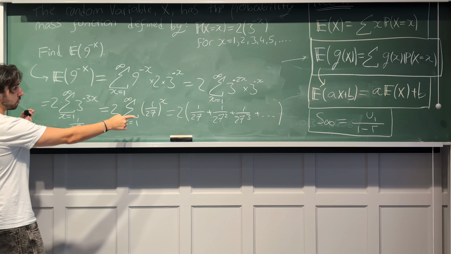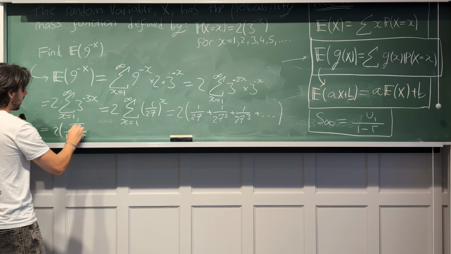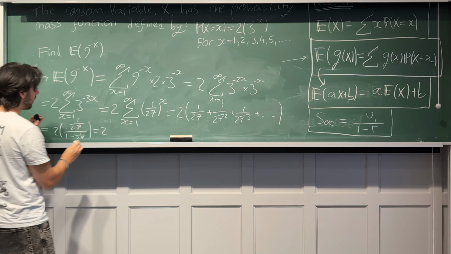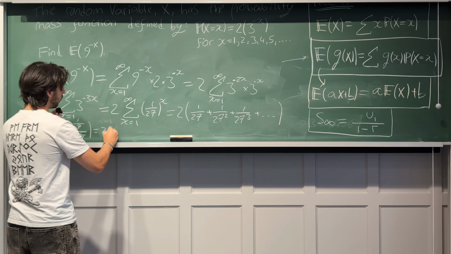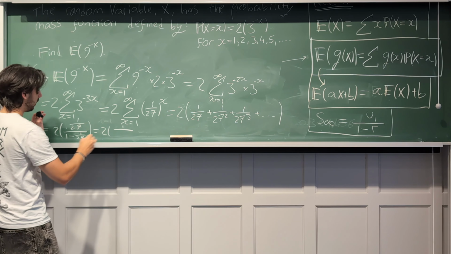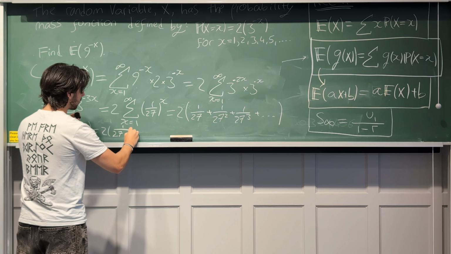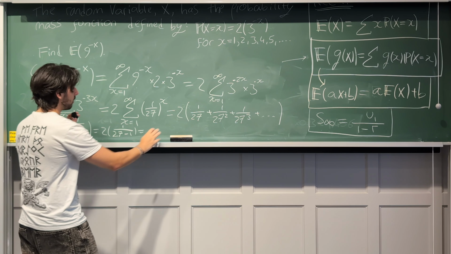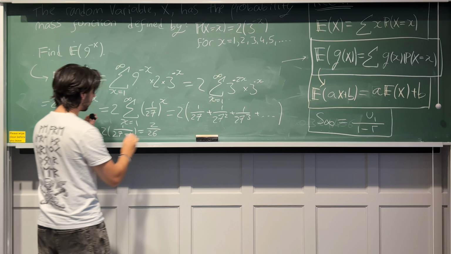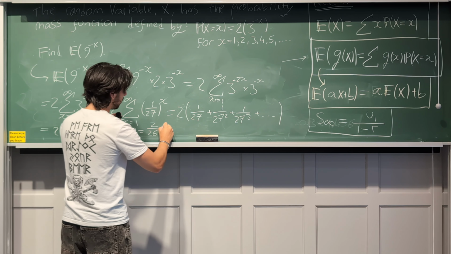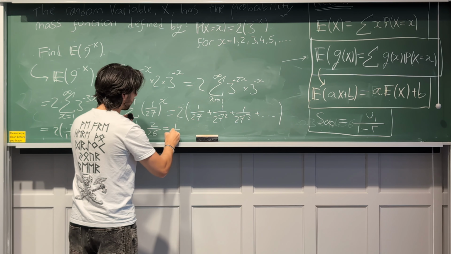And then let's put that 2 that's in front of it back in. So there's a big 2 there. So we've got 2. And then inside of this fraction, if we times the top and bottom by 27, we get 1 over 27 minus 1. And this ends up simplifying to 2 over 26 overall. Okay. And then that ends up being 1 over 13.